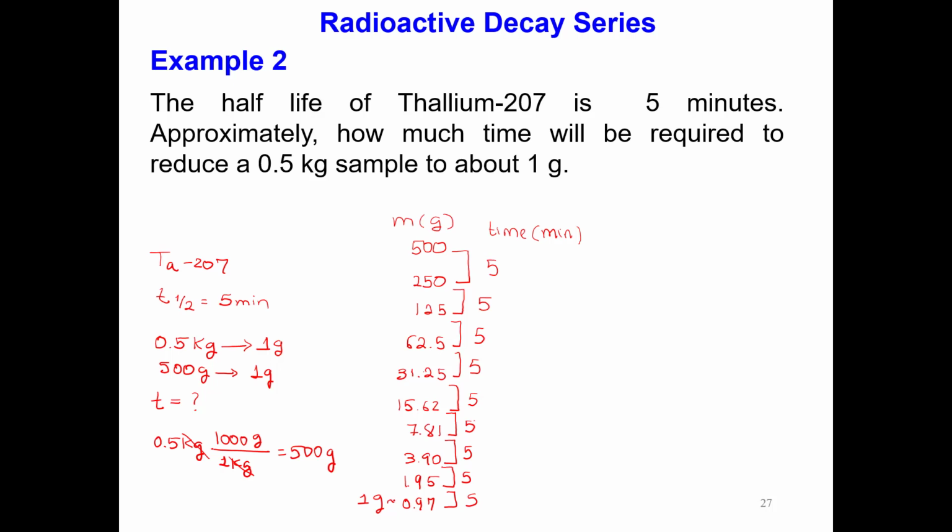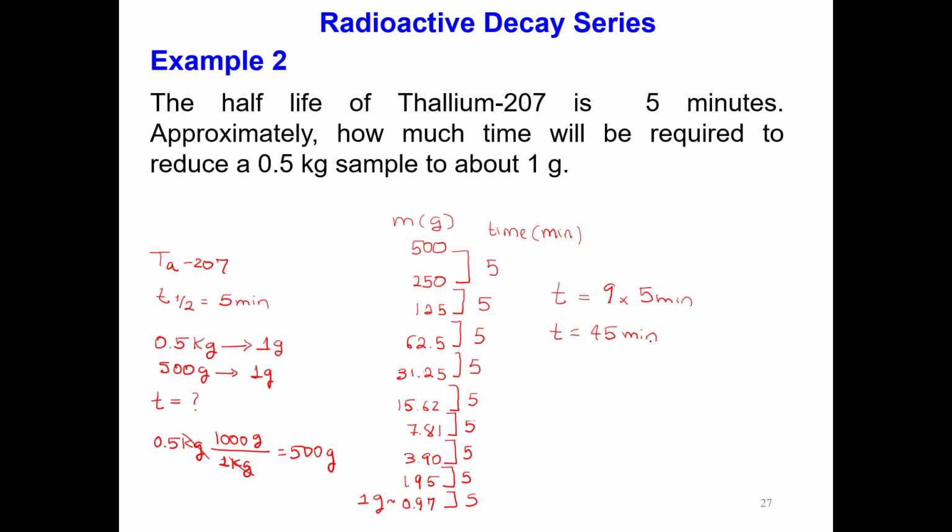Then now what we need to do is to get the total time, and we will just count 1, 2, 3, 4, 5, 6, 7, 8, 9. Then 9 times 5 minutes, then the total time will be 45 minutes.